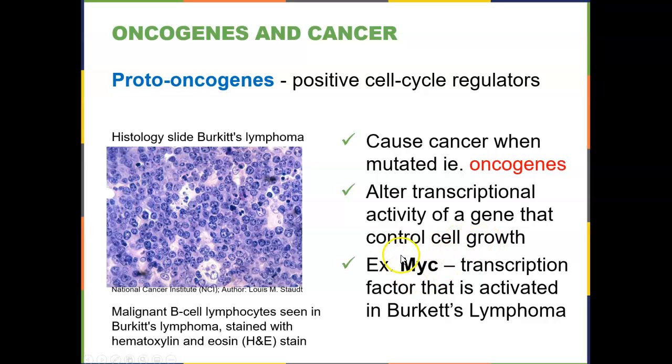So one of the genes that gets mutated is the MYC gene, and this codes for a transcription factor that is activated in this particular type of lymphoma. So it's not important to remember these types of cancers, but just know that in cancer, we can either mutate the specific gene or we can mutate a factor, the production of a factor which influences the reading of genes.